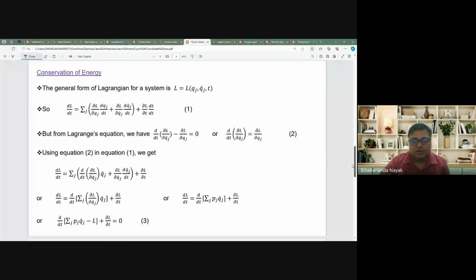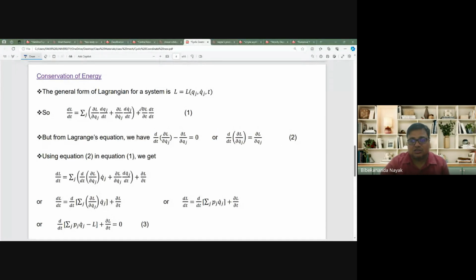So one important point is conservation of energy. The Lagrangian is a function of Qj, Qj dot, t. It is an important thing: the Lagrangian is defined in configuration space, with Qj, Qj dot, t.